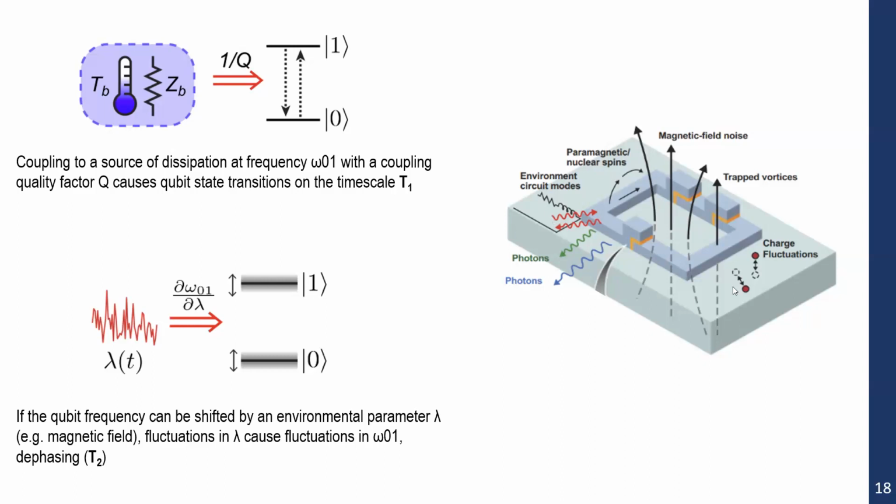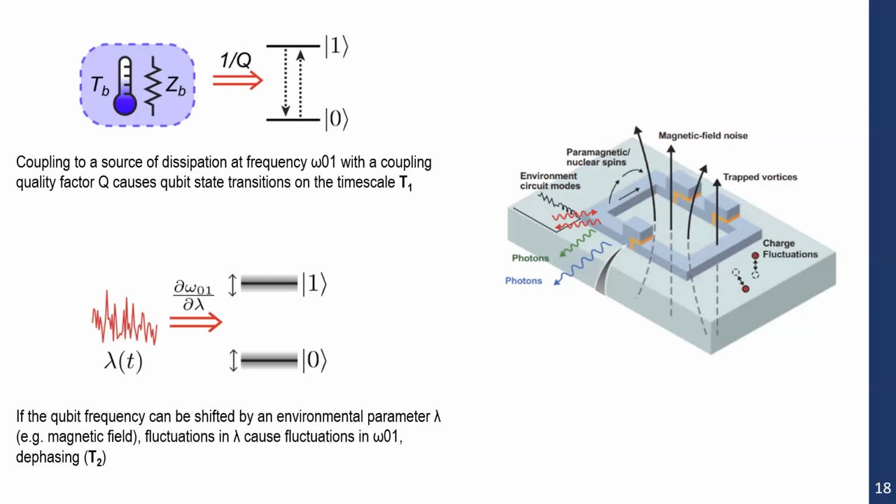and there are other, of course, reasons for qubits, like shown here, to lose the quantum information, including most importantly magnetic field noise, trapped ions or trapped vortices, and charge fluctuations, because the qubit must be fabricated on some sort of substrate, right?